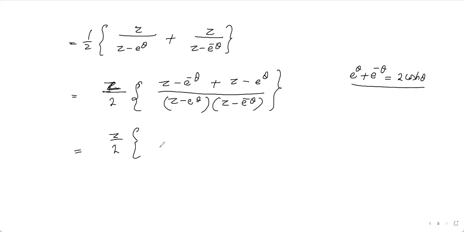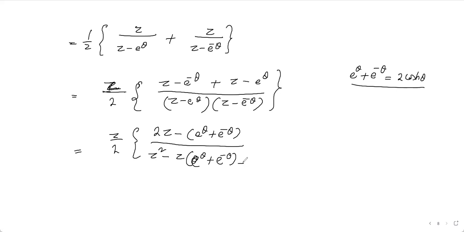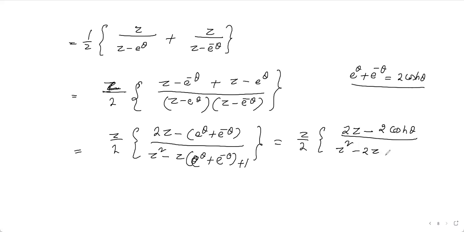So this is 2z minus e to the power of theta plus e to the power of minus theta by z squared minus z into e to the power of theta plus e to the power of minus theta plus 1, which we can write as z by 2, and this is 2z minus 2 cosh theta by z squared minus 2z cosh theta plus 1.